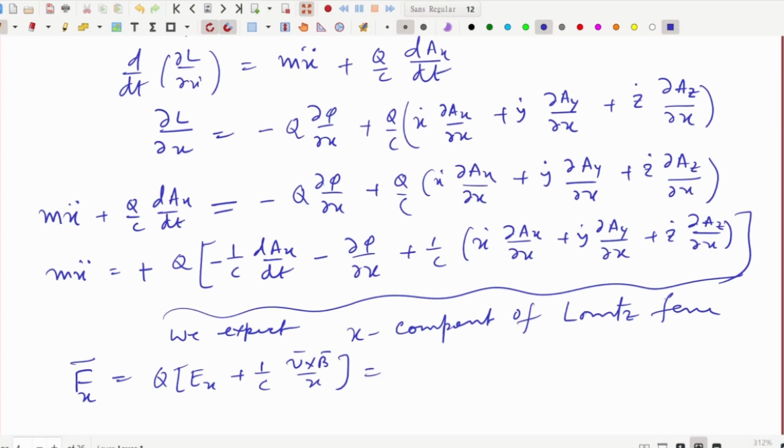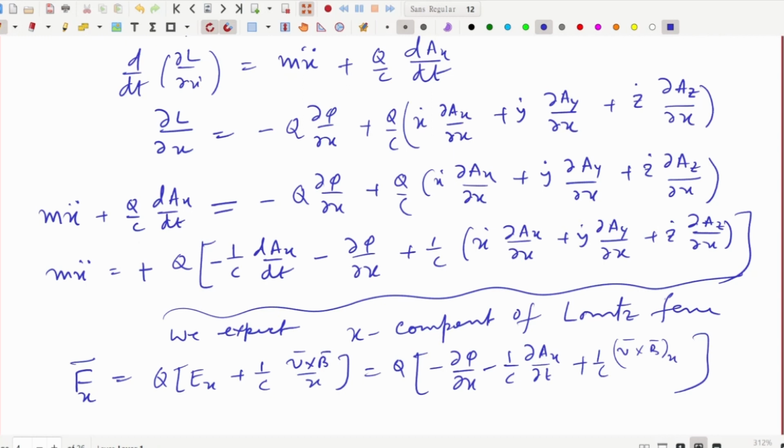In terms of the fields, it should be q times minus ∂φ/∂x minus 1 over c ∂Ax/∂t, and then 1 over c v cross B, x component.